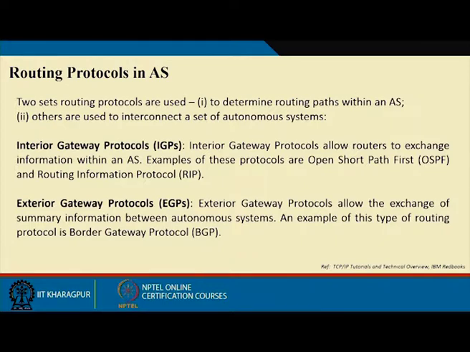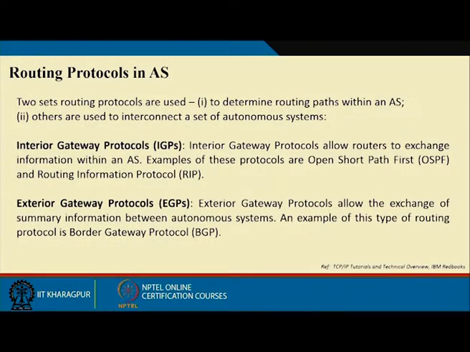There is another set of protocols which are based on routing across the autonomous systems, what we call inter-domain routing, and those are exterior gateway protocols. They allow exchange of summary information between the autonomous systems. The best example is the Border Gateway Protocol or BGP. That means the border router of every autonomous system has summarized information of the whole autonomous system.